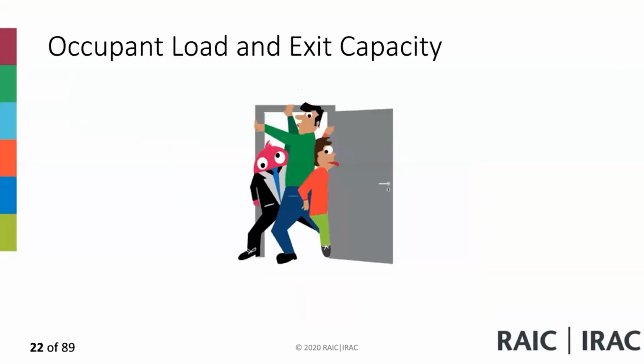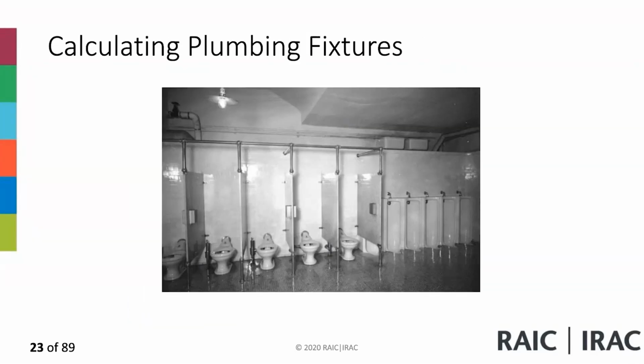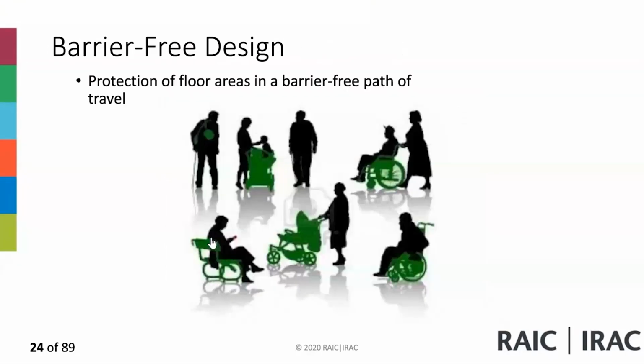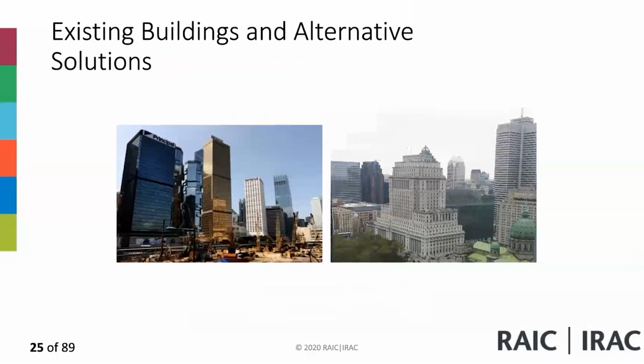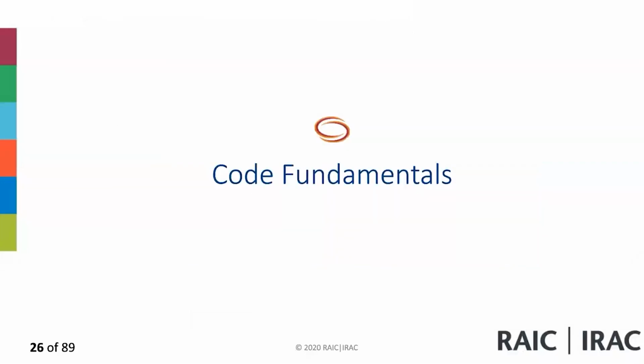Egress and exiting, we're going to cover that, and we're going to look at the occupant load and exit capacity. We're looking at calculating plumbing fixtures, barrier-free design, and finally existing buildings and alternative solutions related to that. We're going to start with code fundamentals.